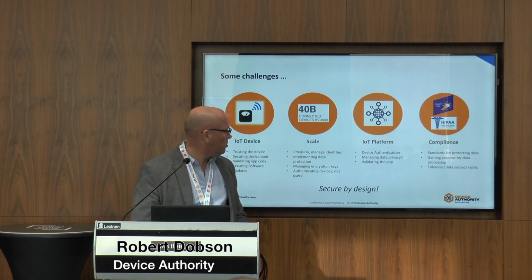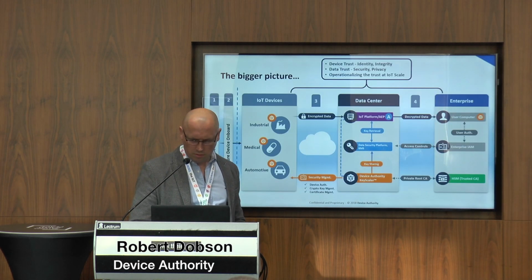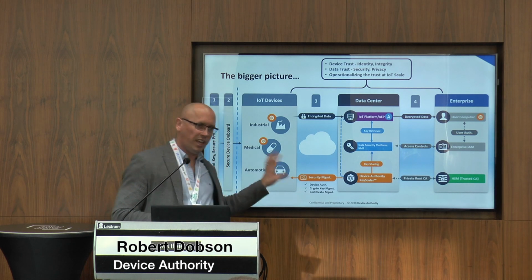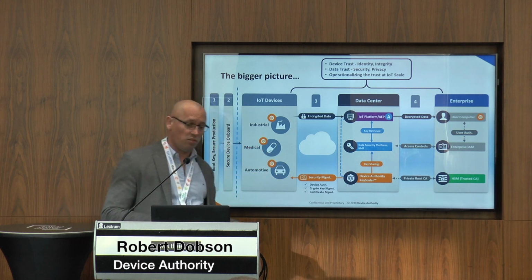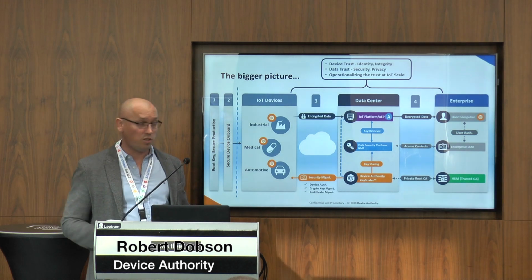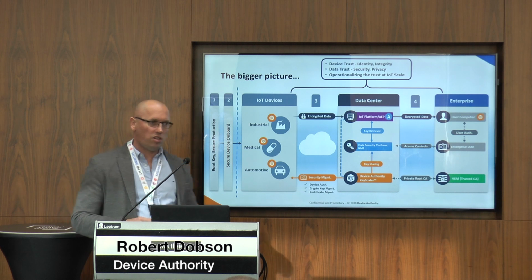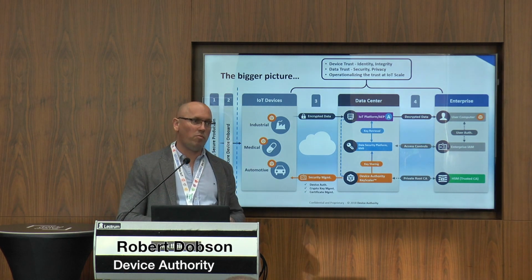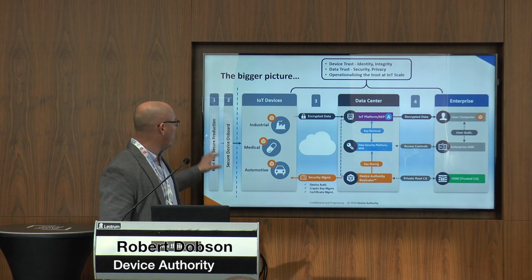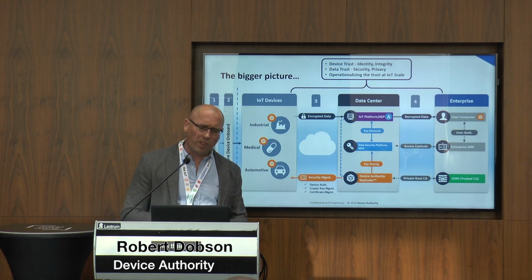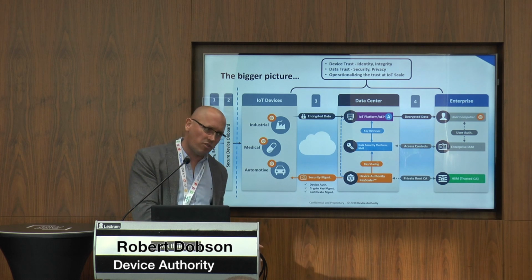If we move on, if I can get the slide to move on. There we go. So we created this slide here. We call it the bigger picture. Actually, it's called the IoT Security Solution Blueprint for Enterprise. And we recognise there's a number of steps to solve some of these fundamental problems. So you've got 1, 2, 3, and 4. Steps 1 and 2 are all about how do I manage my root keys in the manufacturing line?